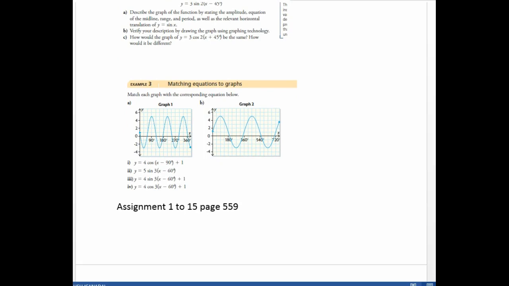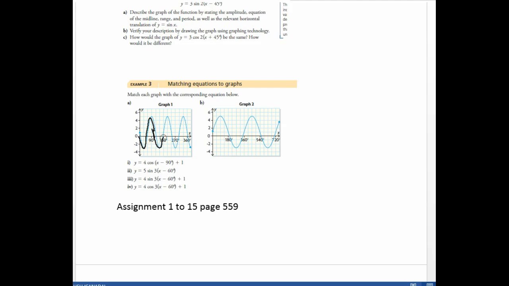Okay, so this graph, if we look, it's going down, and then it starts to repeat here. So we need to figure out, is it 1, 2, 3, or 4?